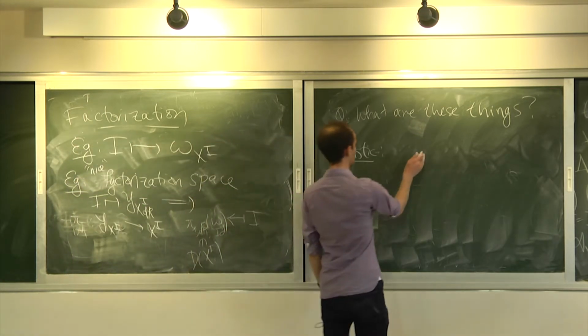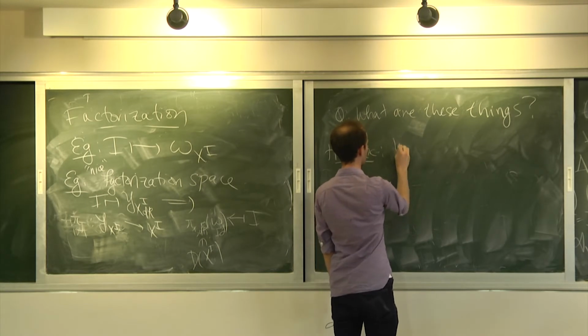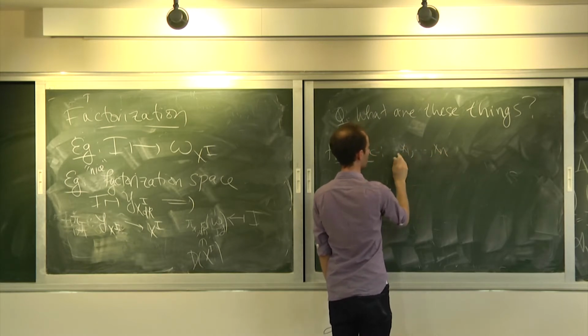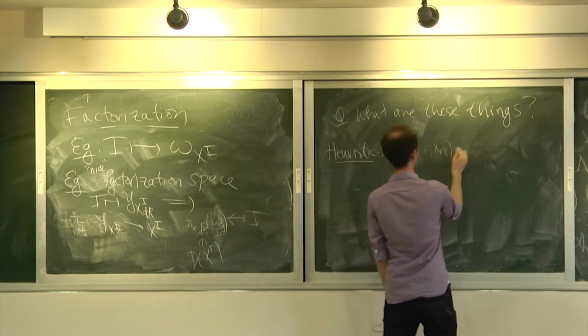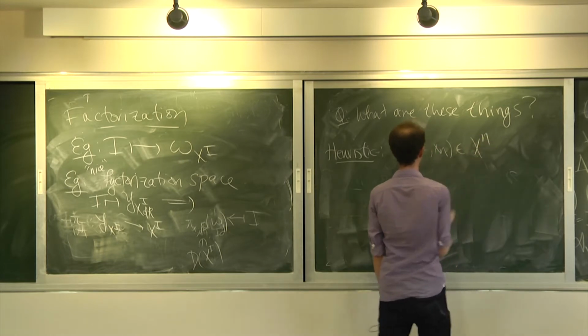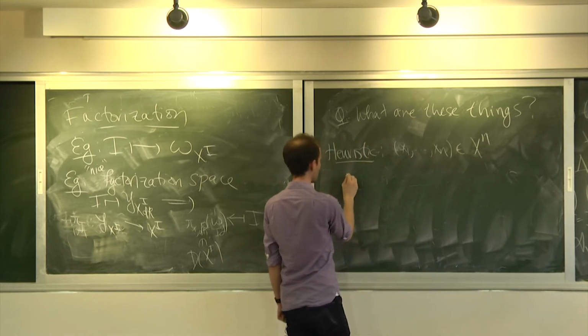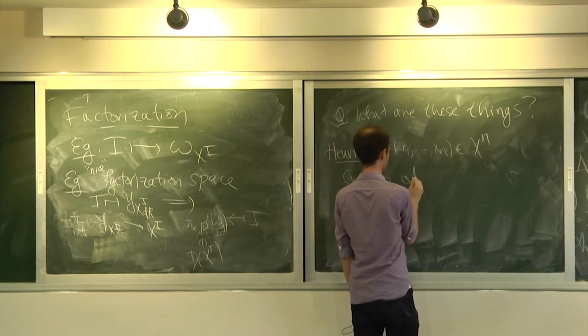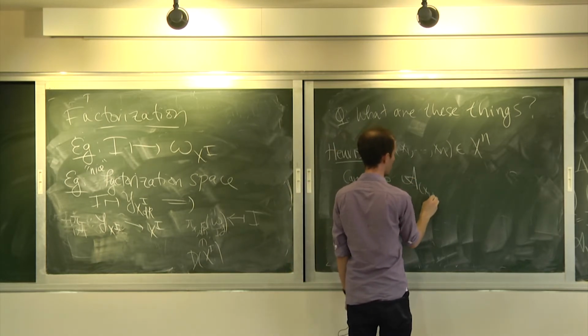So what I gain is that given any finite set of points x sub n in x to the n, I can take the fiber of my sheaf at these points.